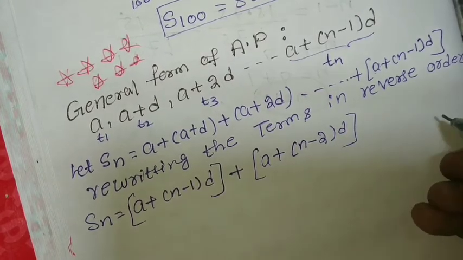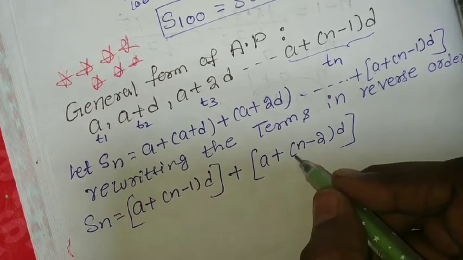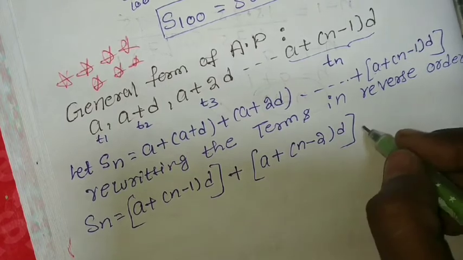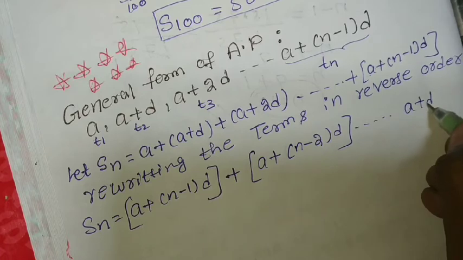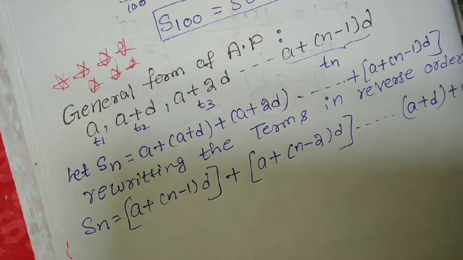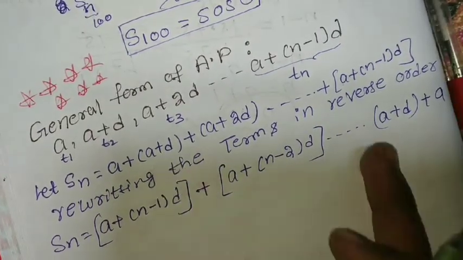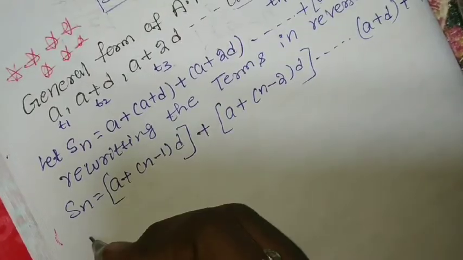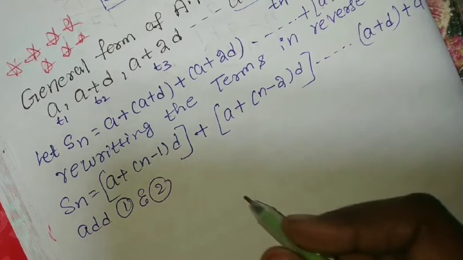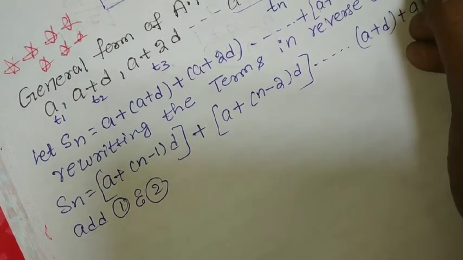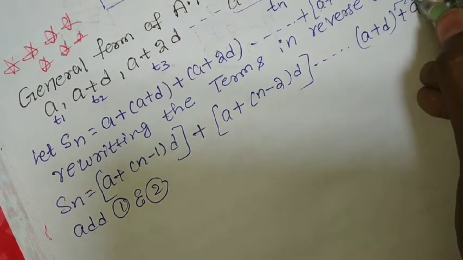And next term, what do you want to write? A plus n minus 3 into D and so on. The last two terms are A plus D plus A. So now add 1 and 2. So this is equation 1 and this is equation 2.